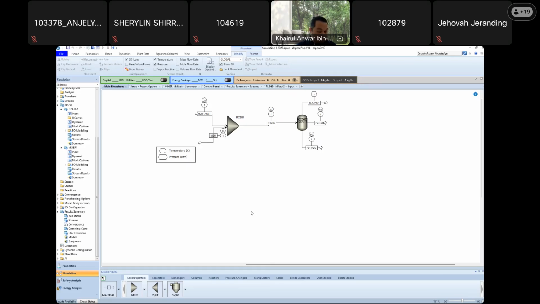Problem description, slide 15. A mixture containing 50% acetone and 50% water is to be separated into two streams, one enriched in acetone, the other in water.